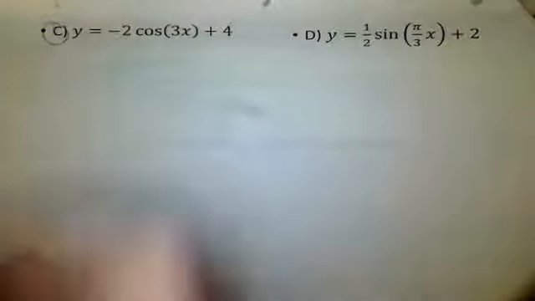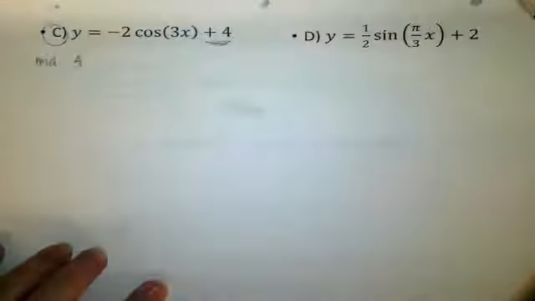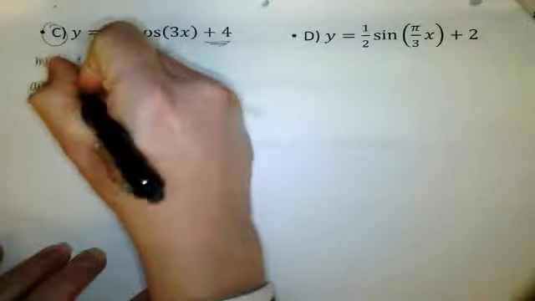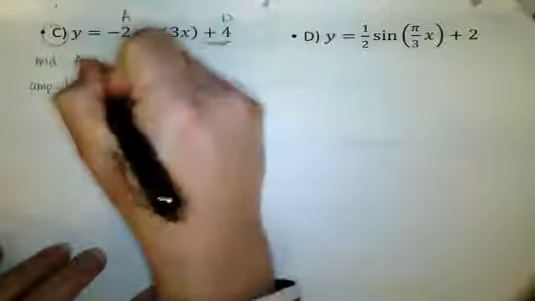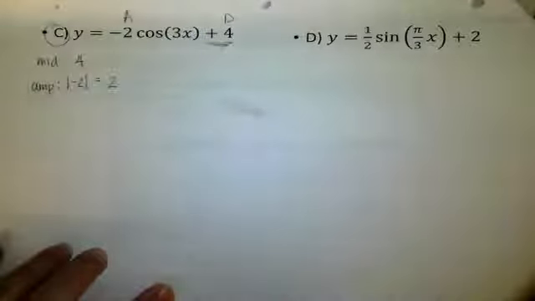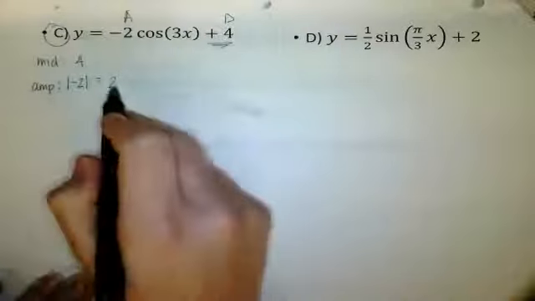Very good. The midline is 4. Whatever is added on the outside there is our D value, the midline. What is the amplitude? 2. The absolute value of A is 2. Amplitude is always positive. A can change, but amplitude is always positive.